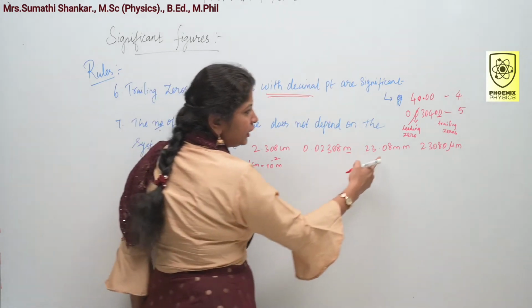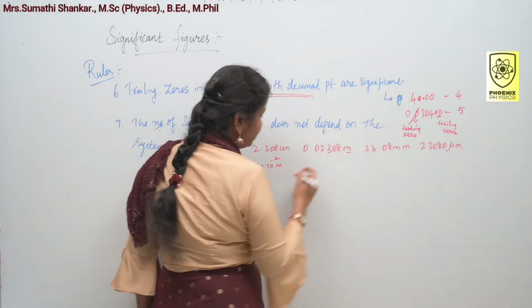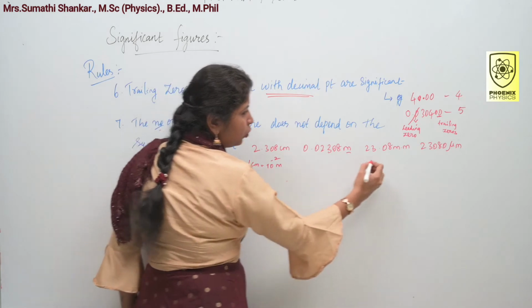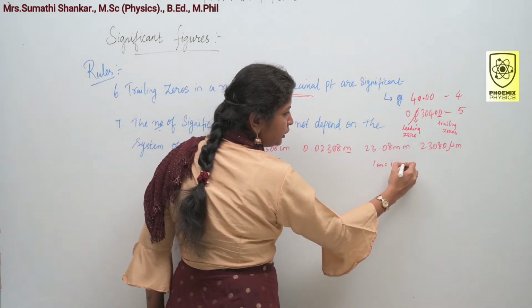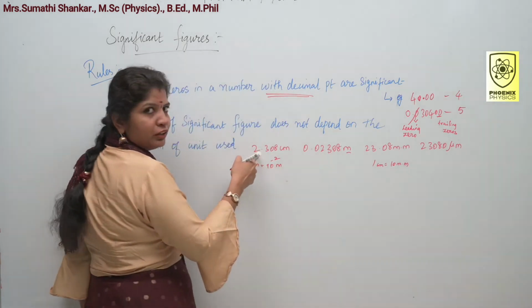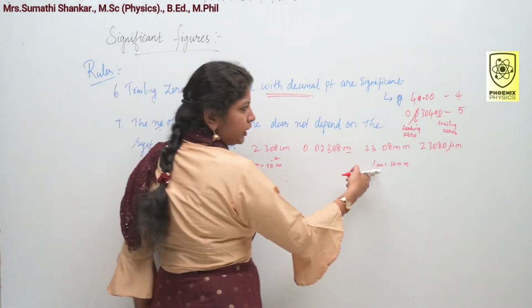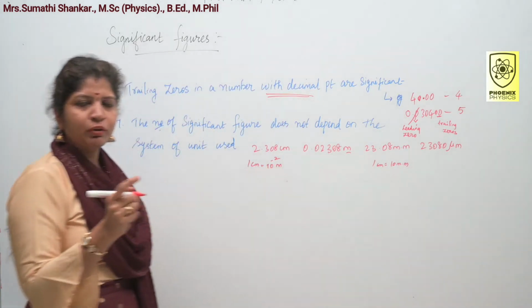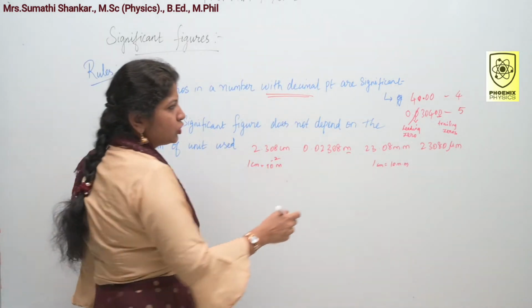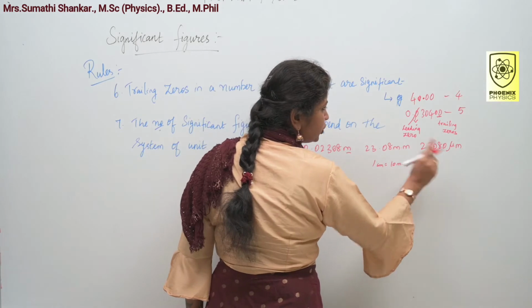Then here I am converting into millimeter. You know that 1 centimeter is equal to 10 millimeter. Just multiply and you get this answer. Like that, micrometer. Micro means 10 to the power of minus 6 meter. So you get the answer as 23080.